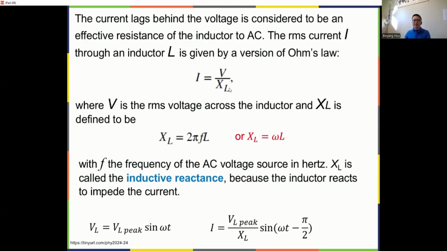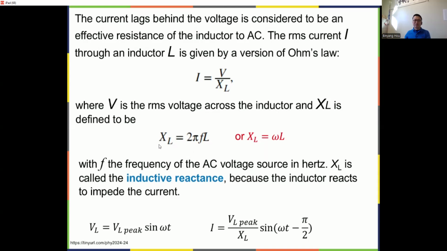And it turns out mathematically, X sub L is equal to 2 pi times f times L, where 2 pi times f is omega, the angular frequency. So if you have a frequency, you need to do 2 pi times the frequency times L, where L is the inductance of the inductor. This is called the reactance, X sub L, the inductive reactance.